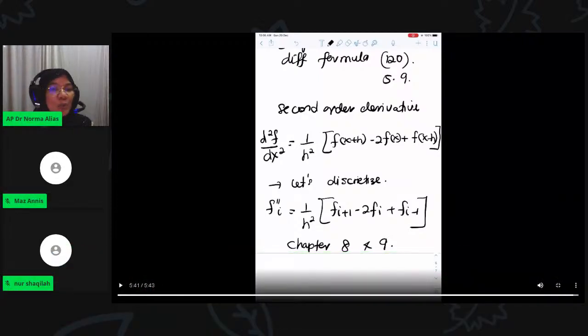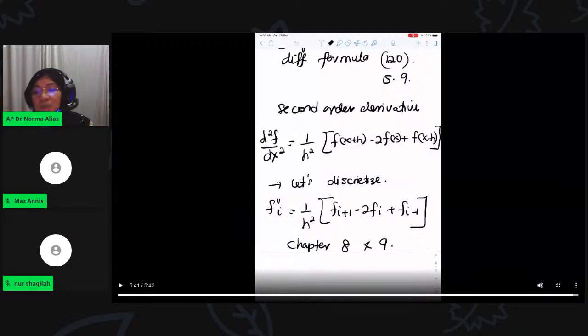This is the answer: we learn numerical differentiation because we want to discretize. We want to find the gradient at a point. We want to find the optimum value using the second order derivative. If we have a very complex function, second order, third order, we don't want to use calculus.